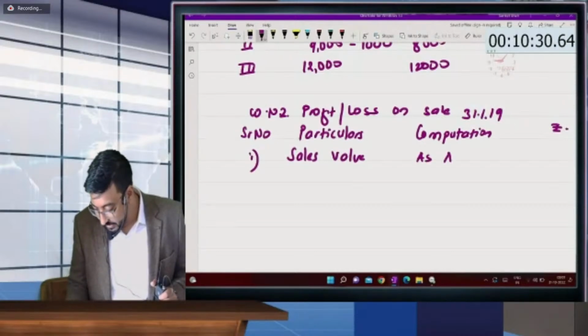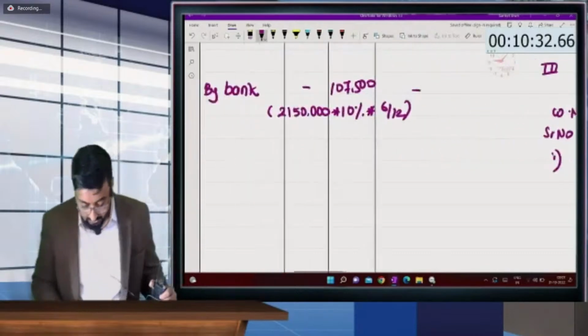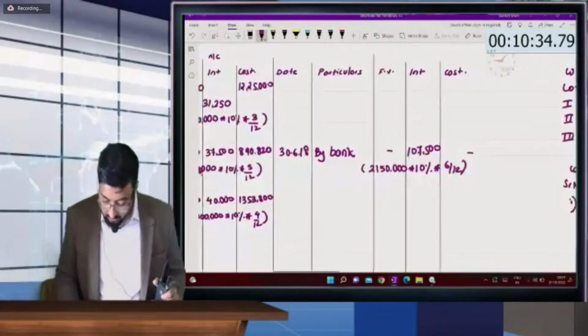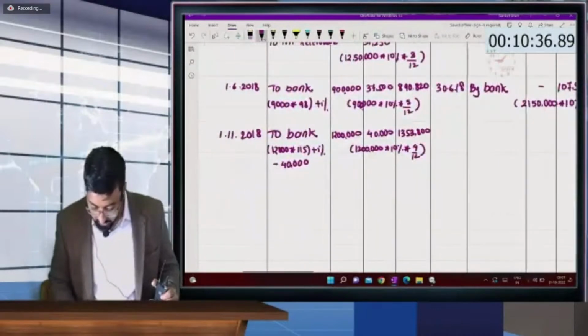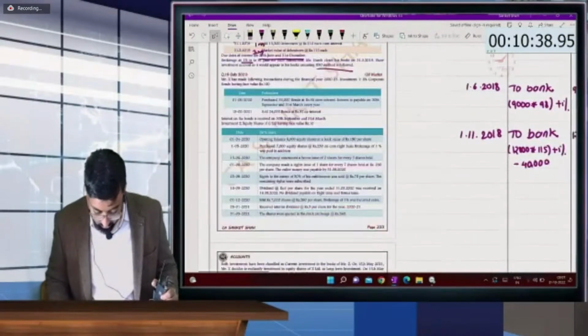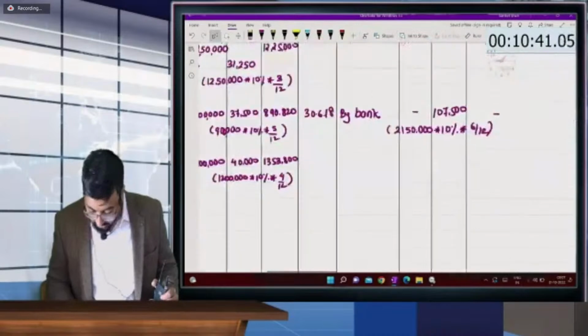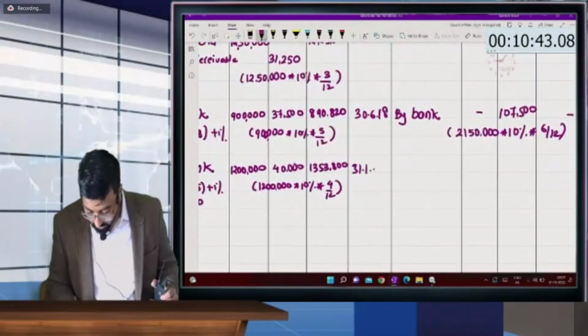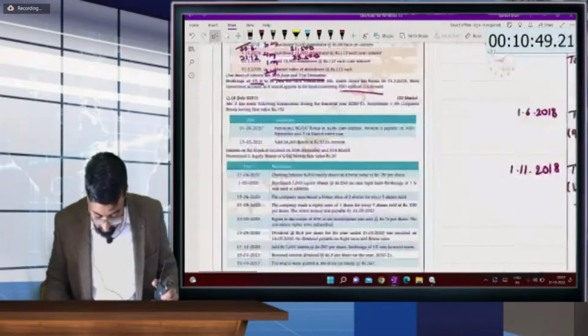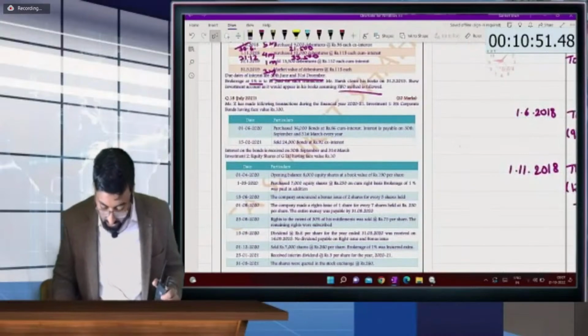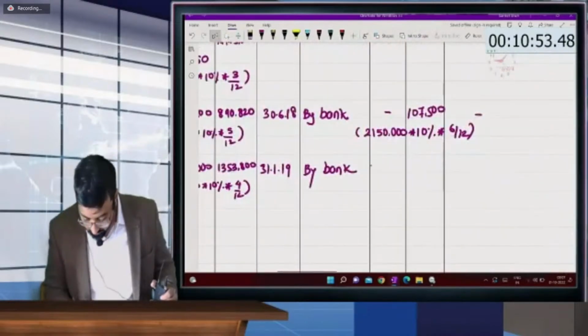First we will write 31st Jan 19, by bank, 13,50,000.